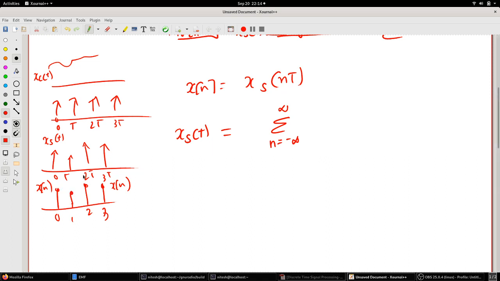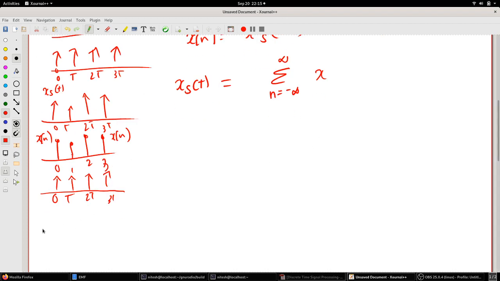Okay, so now from x of n, if I want to get back the xs of t, I will be multiplying it with unit impulse function again, which is separated by the t's, and when I do one to one multiplication, I get xs of t back.